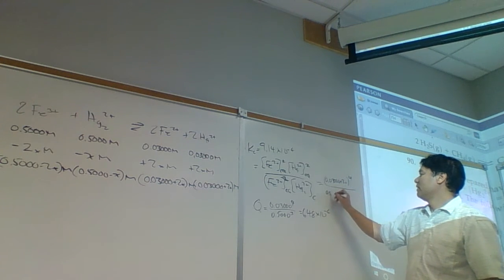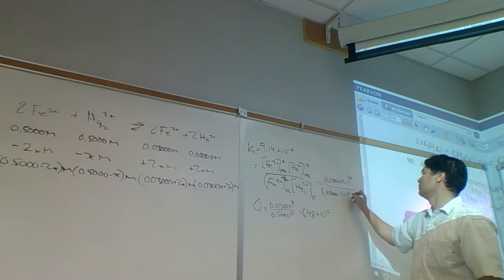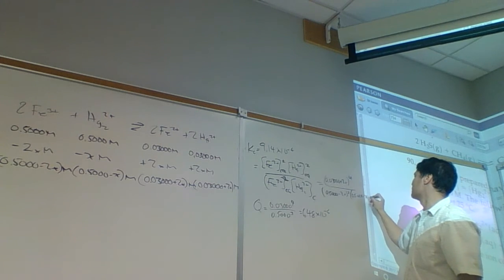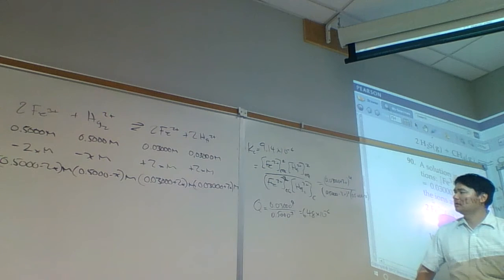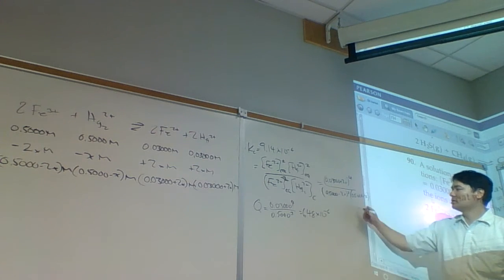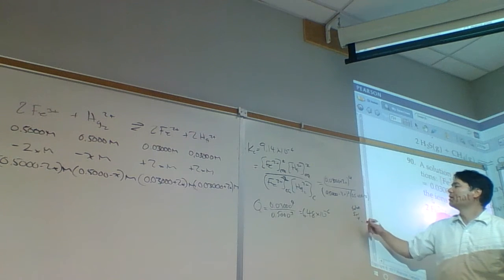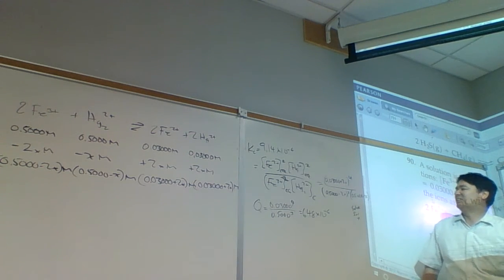This is going to be 0.5 minus 2x squared, and then 0.5 minus x to the 1st. And then solve for x. Can I square root it twice? No, that's not going to work.